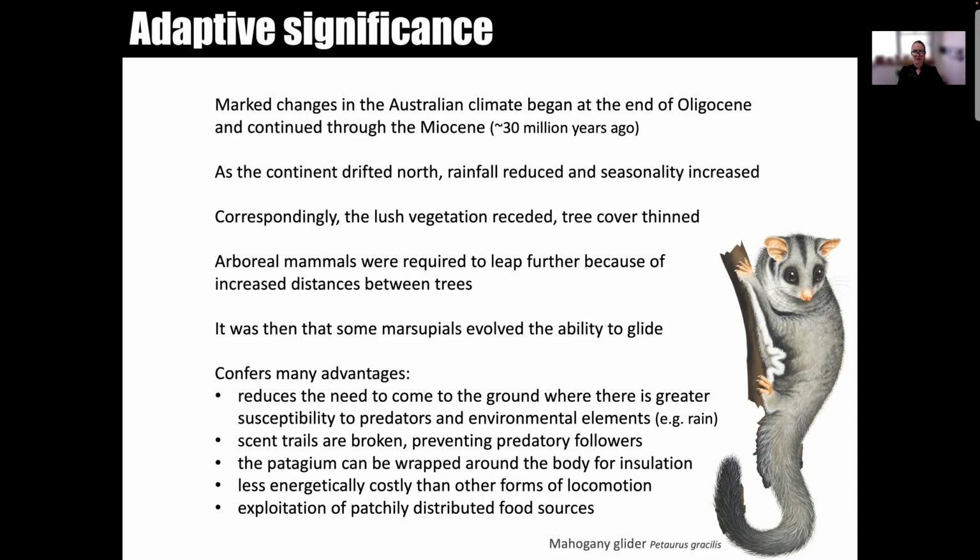It's also less energetically costly than other forms of locomotion. We find that many of our gliding species are folivores that have a very low energy diet. So a combination of this means that they are able to exploit those arboreal habitats and also access patchily distributed food sources.